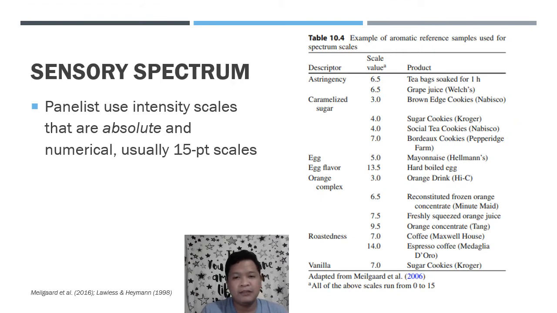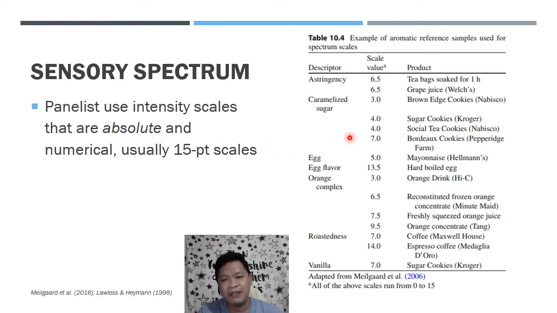So typically you'd have 0 to 15 scales. They're considered absolute in the sense that you have a 0, and 0 would be the absence of that flavor. Thus, in a certain sense, you can say that if properly done, this could be treated like ratio data, okay?